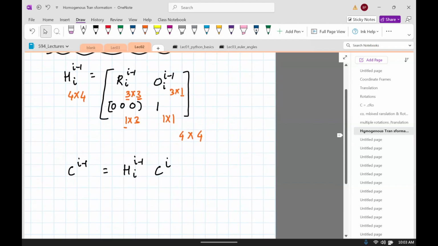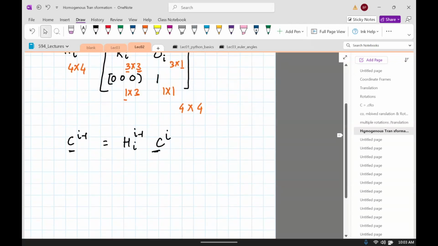This C is different; let me call this an uppercase C. It's different because we'll write it as the small c with a 1.